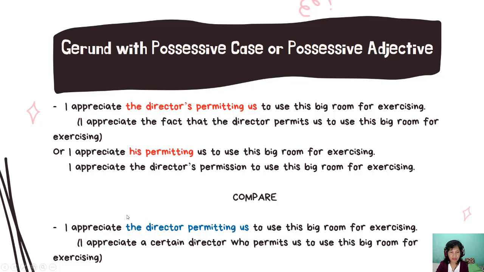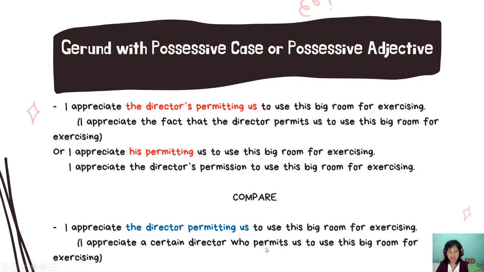Now try to compare with this. I appreciate the director permitting us to use this big room for exercising. There is no apostrophe here because it doesn't show the possession. See the meaning. I appreciate the fact that the director permits us, while here I appreciate a certain director who permits us.